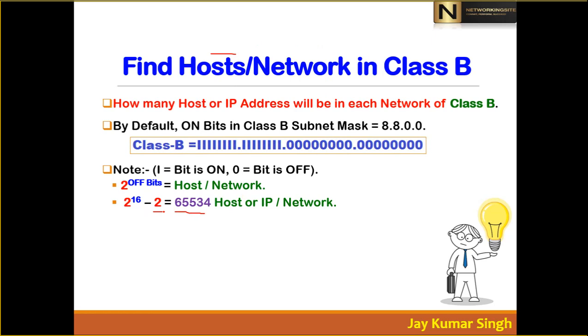And why do we always do minus 2? Because of the network ID and the broadcast ID. We do not use the network ID and broadcast ID, that's why it is minus 2.